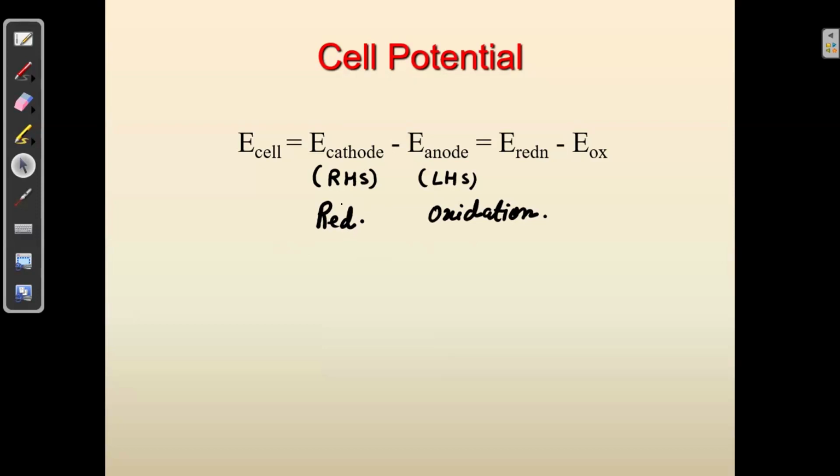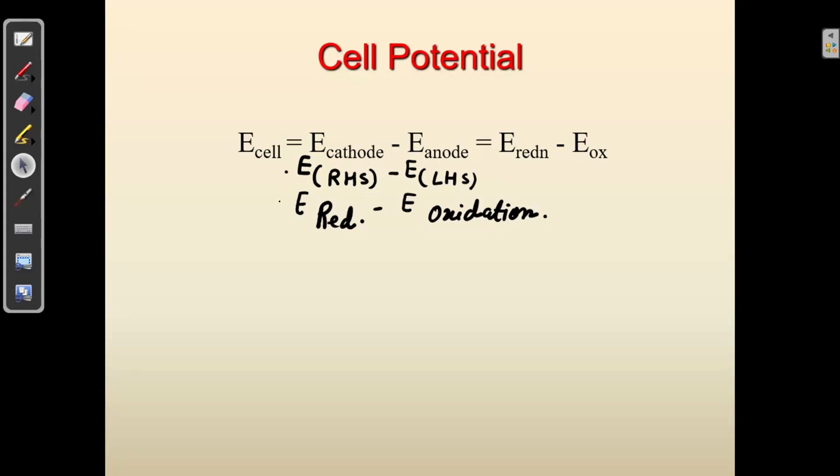In different books you may find ERHS minus ELHS, or you can write E cathode minus E anode, because the electrode dipped in the reduction half cell is known as a cathode, and the electrode used in the oxidation half is known as an anode. Or sometimes it is also denoted by E reduction minus E oxidation.